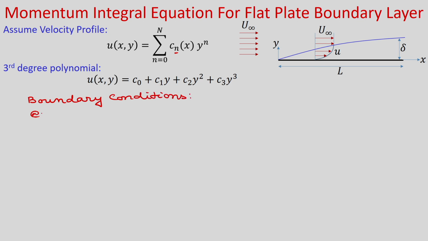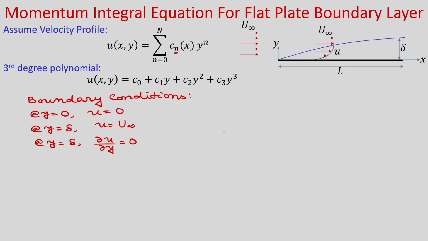So, let us write first the boundary conditions. At y is equal to 0, u is equal to 0; at y is equal to delta, u is equal to u infinity; at y is equal to delta, del u by del y is equal to 0, velocity gradient is 0. Now, we need to write another boundary condition.